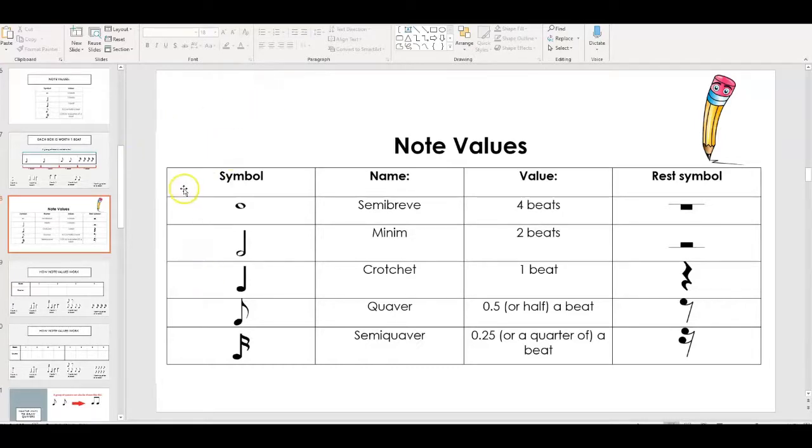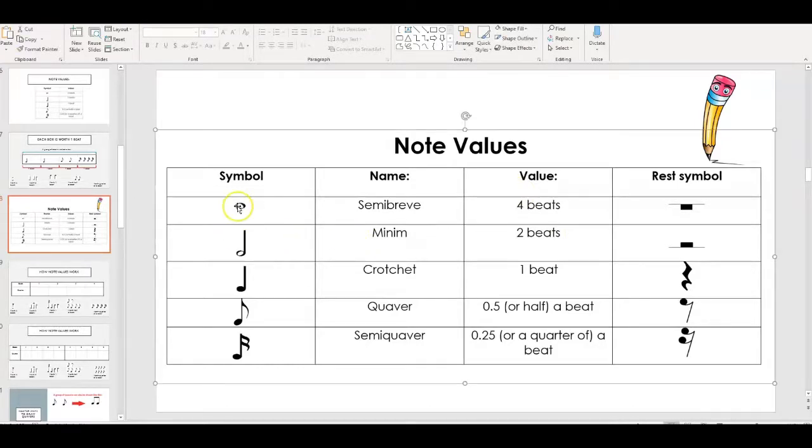All right, so let's talk a little bit more about this table and how we understand it. This top note here is what we call a note. This note has a name, and it's called a semibreve. It has a value, and that just means it lasts for 4 beats. Now we also have on the right-hand side a rest version of that note.